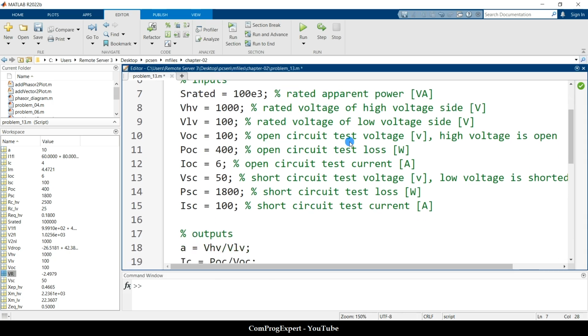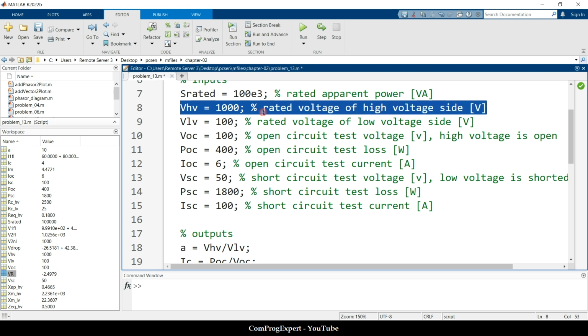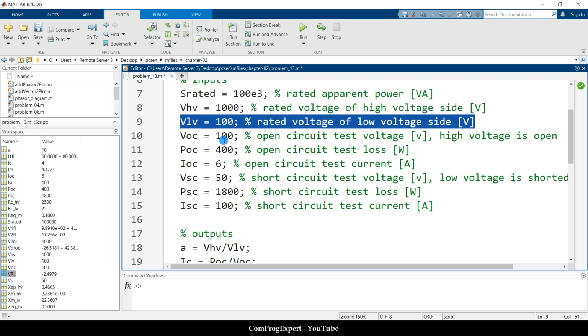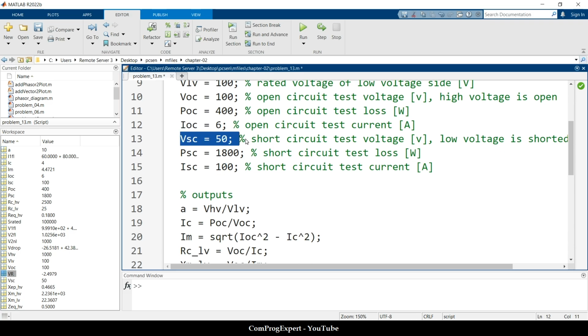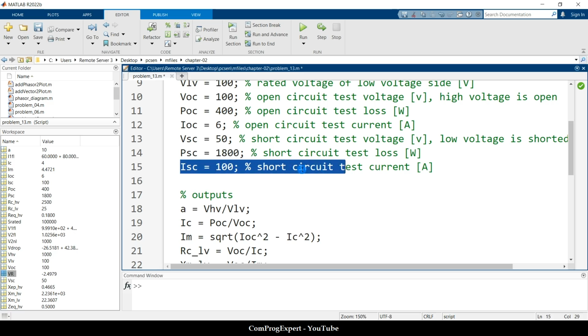This is the voltage of the high voltage side, the low voltage side, open circuit voltage, the power loss in the open circuit test, the current of the open circuit, the short circuit voltage, the power of the short circuit test, and this is the current of the short circuit test.